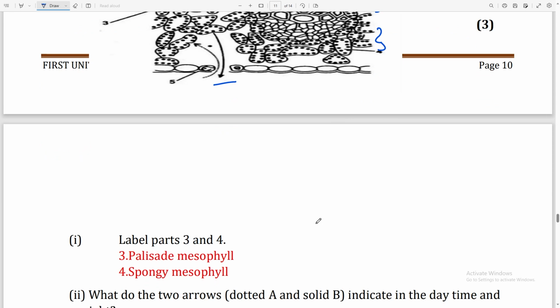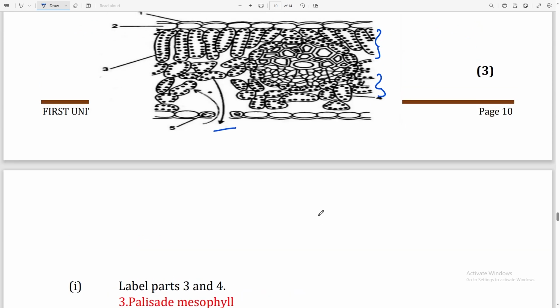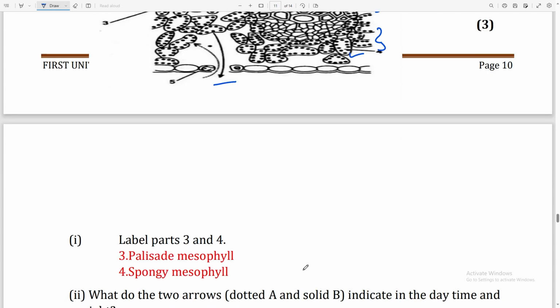The question is asked, label parts 3 and 4. Which is 3 and which is 4? 3 number, this is palisade mesophyll cell, and this is 4 number, this is spongy mesophyll cell. So, palisade mesophyll, spongy mesophyll.